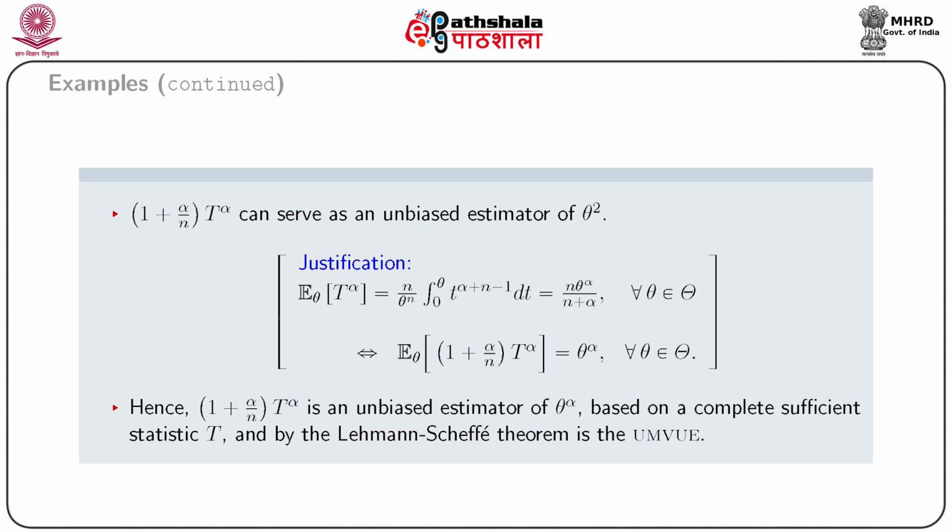Hence, we get expectation of ((n plus alpha) by n) into T to the power alpha is equal to theta to the power alpha for all theta greater than 0. Therefore, ((n plus alpha) by n) into T to the power alpha is an unbiased estimator of theta to the power alpha based on the complete sufficient statistic T. By Scheffé's theorem, it is the UMVUE of theta to the power alpha.